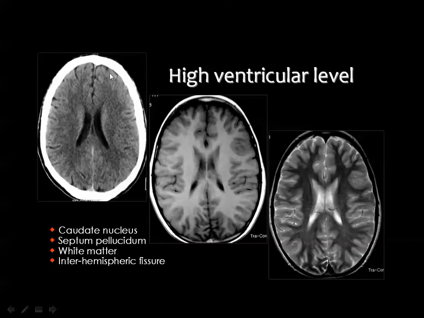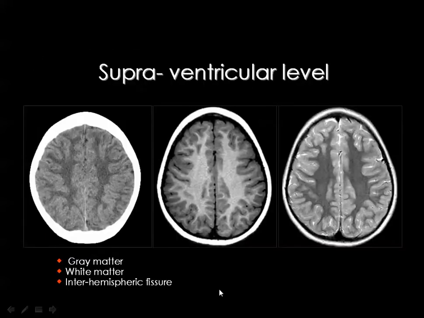Then each cerebral hemisphere is made of the white matter and the gray matter, with well-identified gray-white matter interface. Both hemispheres are separated in the midline by the interhemispheric fissure. Then above the level of the ventricle, you will see only the left cerebral hemisphere, right cerebral hemisphere, the white matter, and the gray matter.